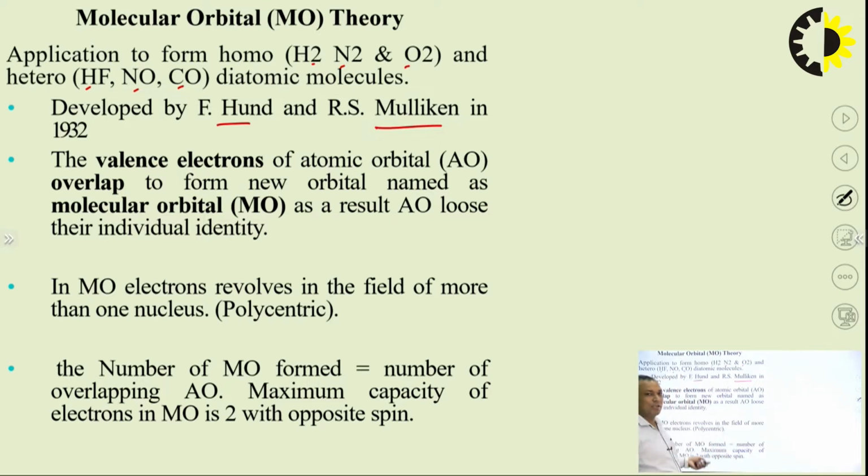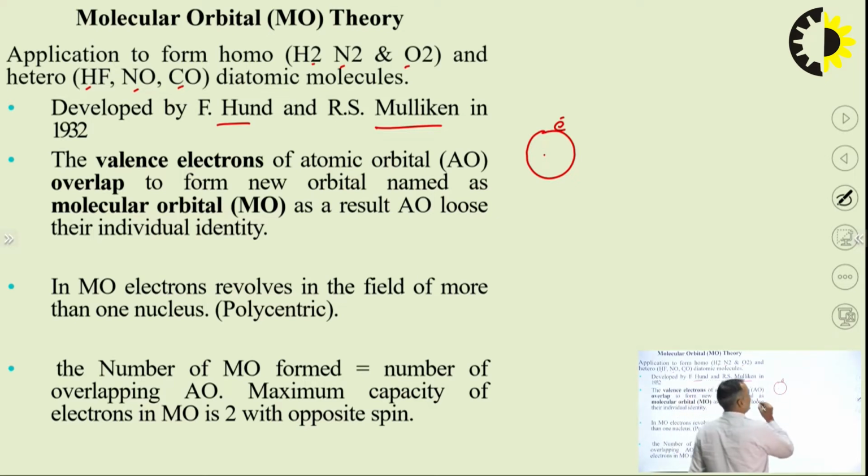So the postulates are written here, but I would like to explain them through some visual representation. As you all know, the atom contains electrons, and the electron present in the outer shell is called the valence electron.